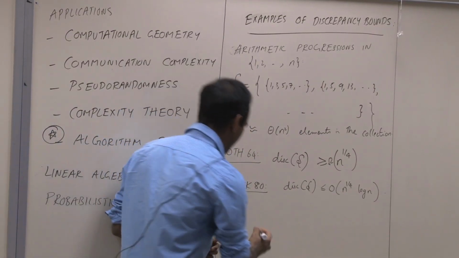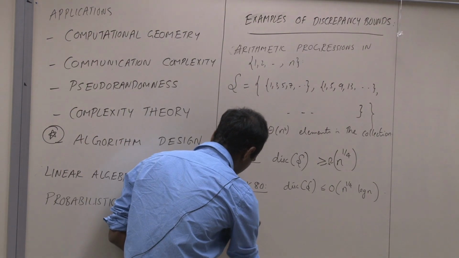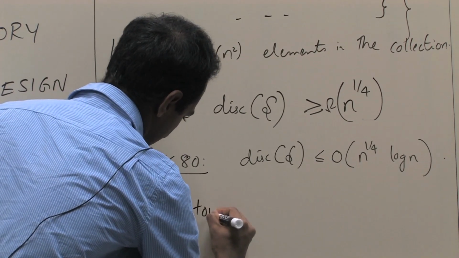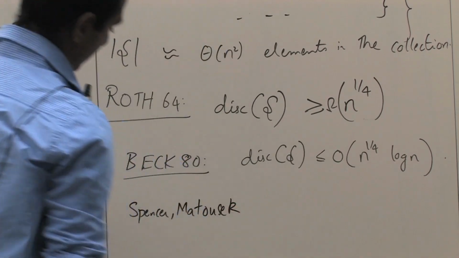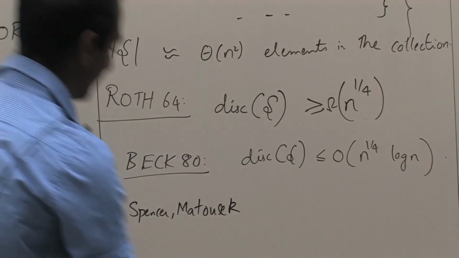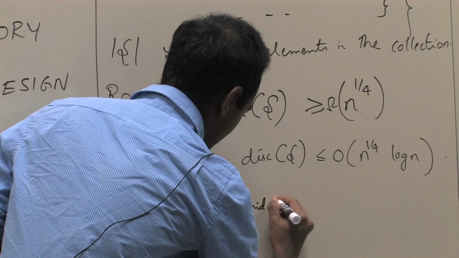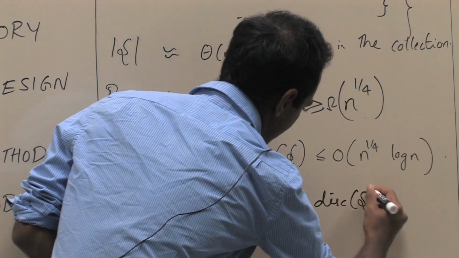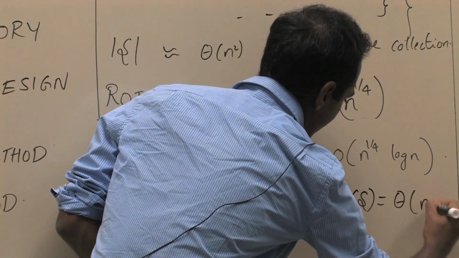And finally, after a few more years, Spencer and Matoušek, in the mid-90s, closed the gap by showing this is actually order n to the 1/4.